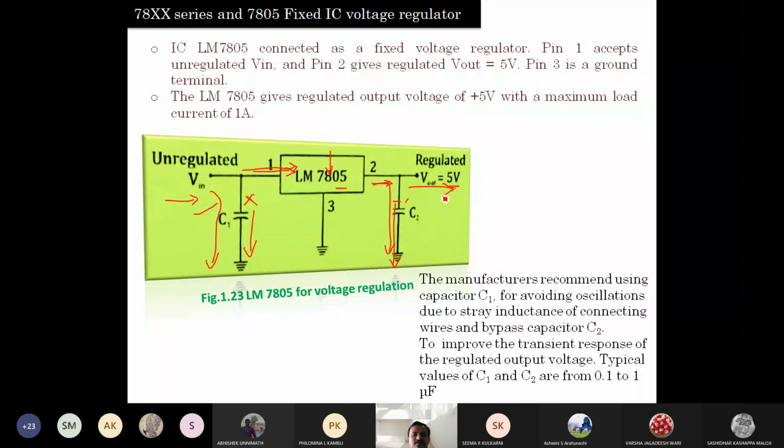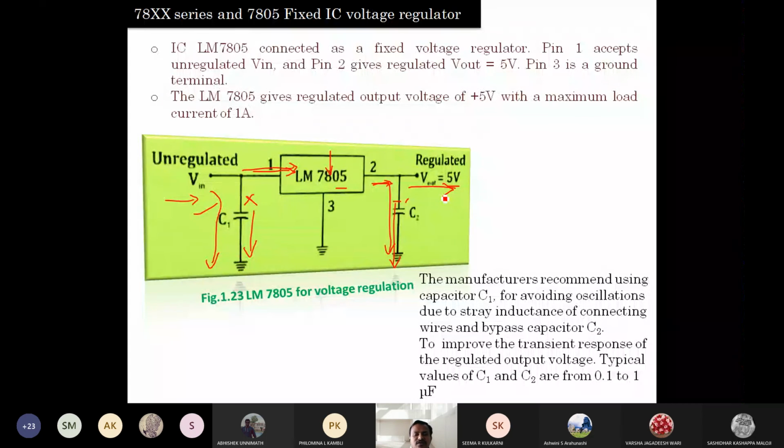And the manufacturer recommends using capacitor C1, as we discussed. Why are we going to use this? Because of avoiding oscillations. Oscillations are once again the ripples, the variations. We don't want variation. We want a fixed, constant output. So to remove these, we use C1 and C2 to improve the transient response of the regulated output voltage.